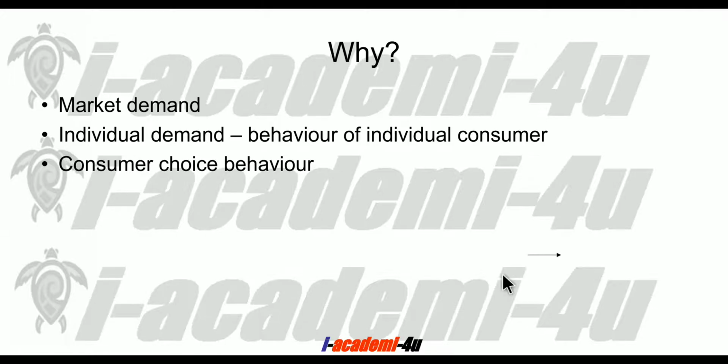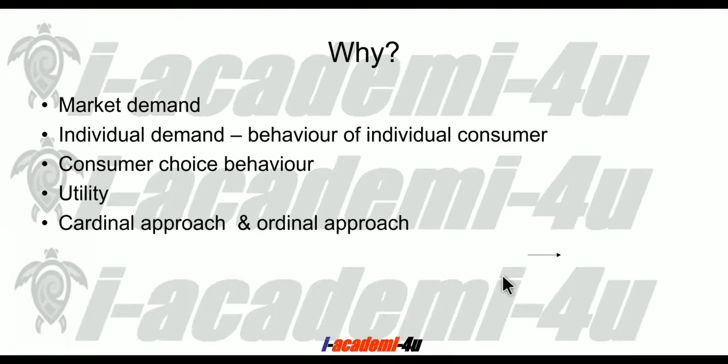And how does it choose? It chooses those bundle of goods, those commodities where they get the maximum satisfaction. So their choices are dependent upon the utility. And this utility is studied by two basic methods, that is the cardinal approach and the ordinal approach.